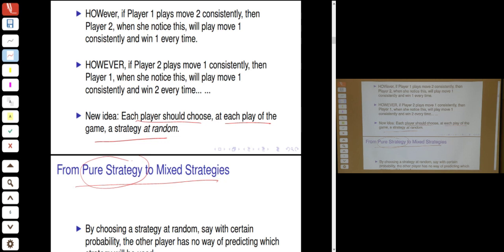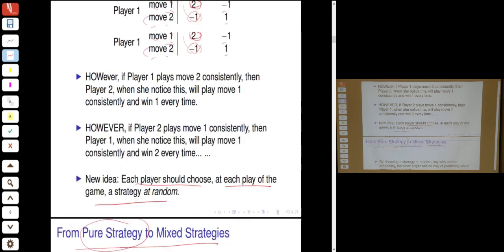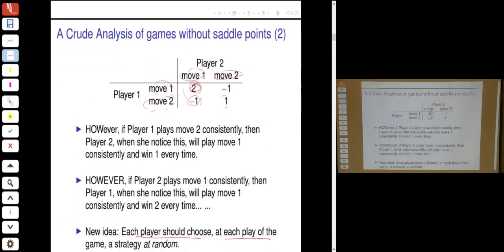Mixed strategy is that at every trial of the game, among your array of possible strategy choices, you pick one at random according to some probability distribution. So, for example, in this 2-player game, move 1 and move 2, it is not necessary that at random means you pick move 1 with probability half or you pick move 2 with probability half.